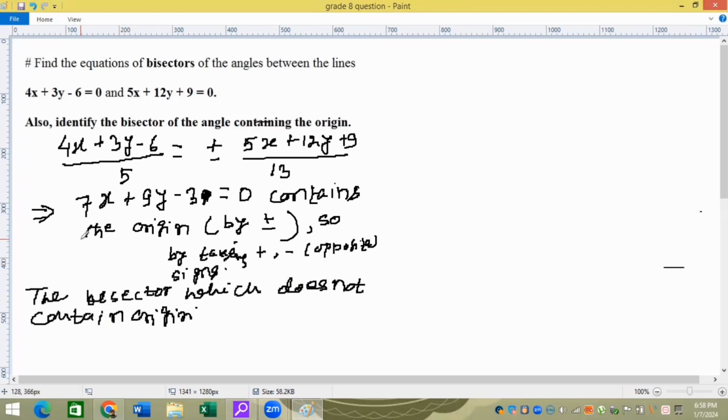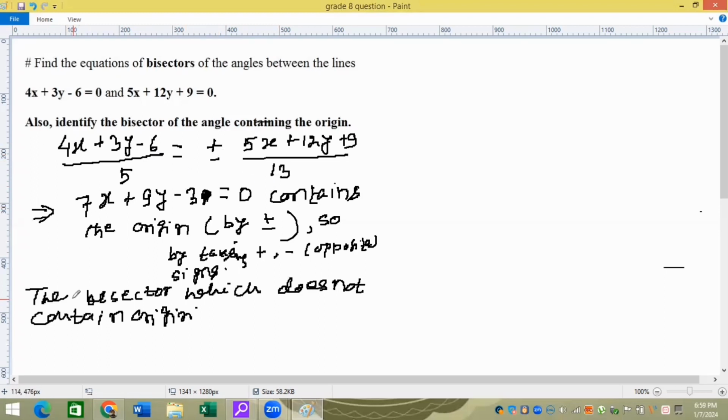It means that there is another line also that definitely does not contain the origin. So firstly we have taken first positive and then negative. Now we take both positive, that is both of the same sign. It is also possible that you take negative and negative or positive and positive. So at this time we are not complicating that, we are just taking both of the same sign, the positive sign. So here if you take positive and positive, then what happens?